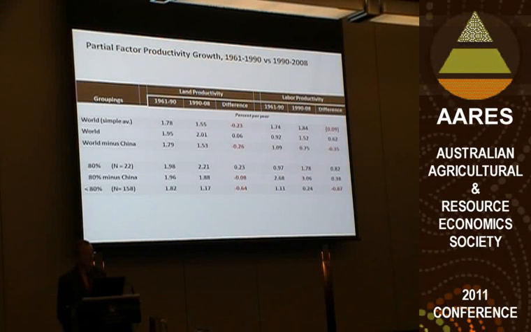If you start slicing and dicing the data in different ways, so if you look at the important producers, take 22 countries that account for 80% of the entire world's agricultural output, you get a post-90 growth rate in land and labour productivity that's higher than the pre-90. If you again strip out China, because they're one of those 22, you get a diminution in land productivity growth rate. You still get a higher growth rate in labour productivity post-90, but it's substantially reduced compared with the N equals 22.